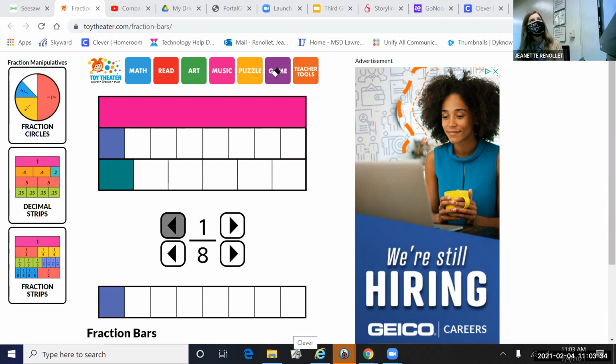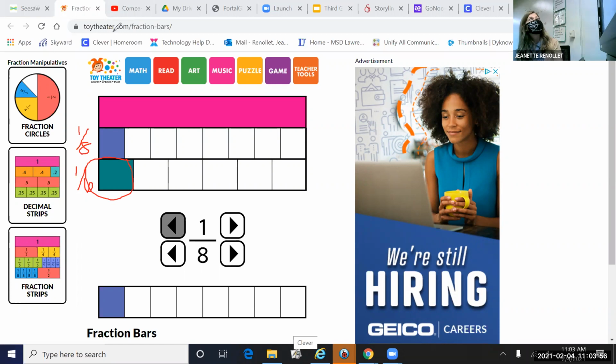The top is 1/8 because there's 8 equal parts. And the bottom is 1/6 because there's 6 equal parts. So which part is bigger? I see the 1/6 unit fraction is greater. It takes up more space.